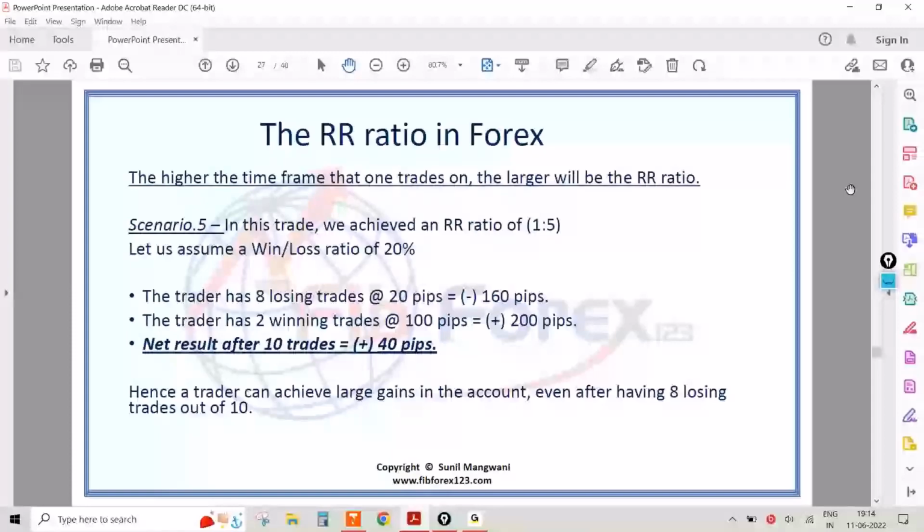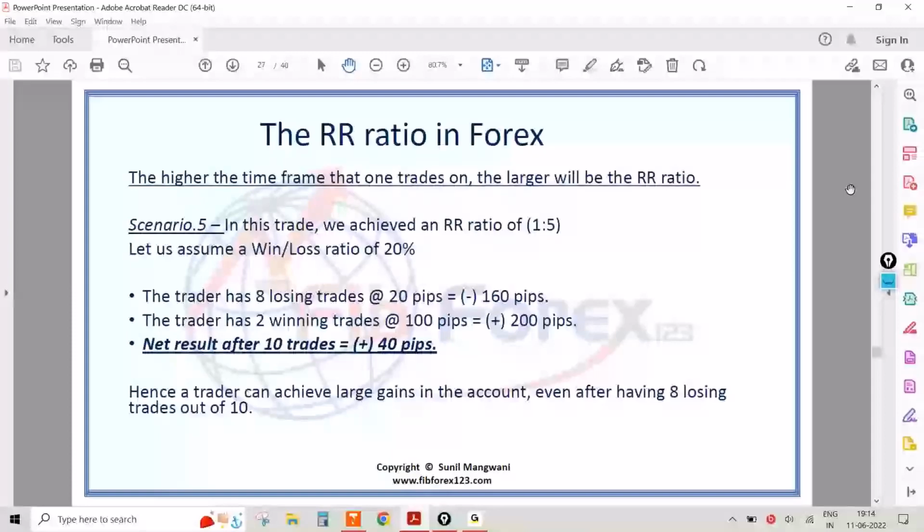But worst case scenario, if I maintain a risk to reward ratio of 1:5, 8 losing trades, 20 pips each, I lose 160 pips. 2 winning trades at 1:5, I make 100 pips on each trade, 200. After losing 8 trades out of 10, my account is still in positive.